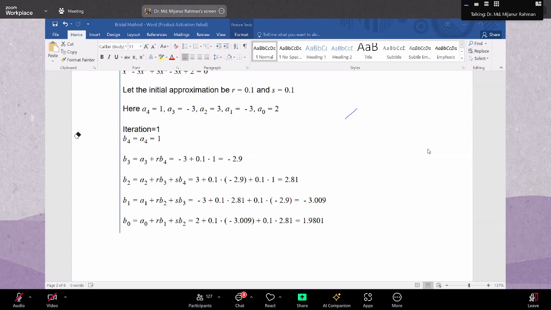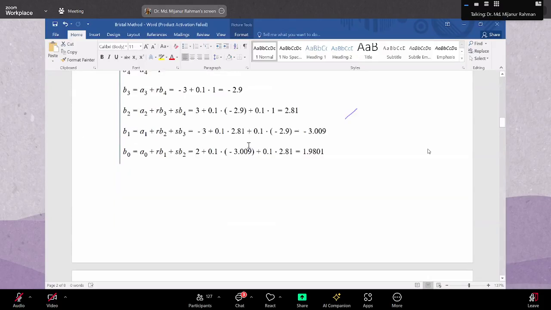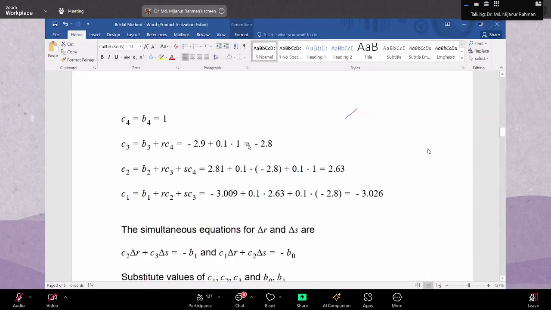At the same time we can also determine the values of C from the values of B, because we know the recurrence relationship. Mostly both are the same, but with a little change in most probably C3 and C2. So again we can determine the values of C4, C3, C2, and C1.